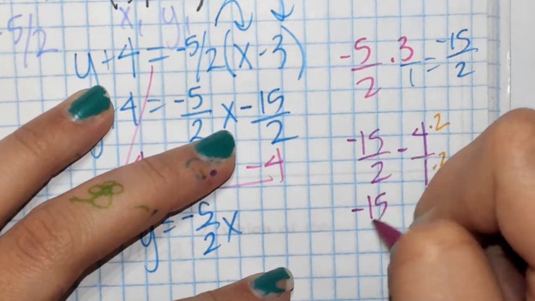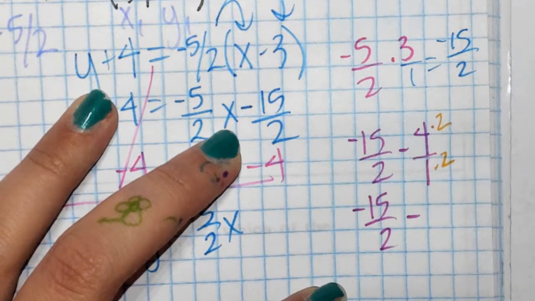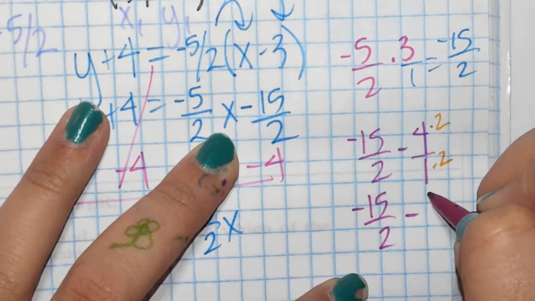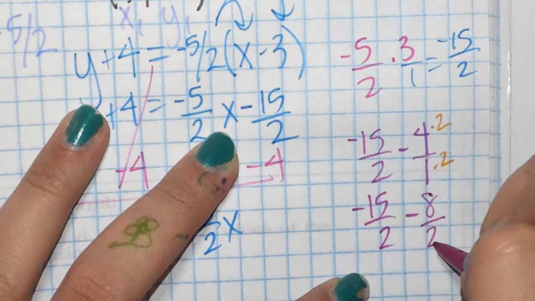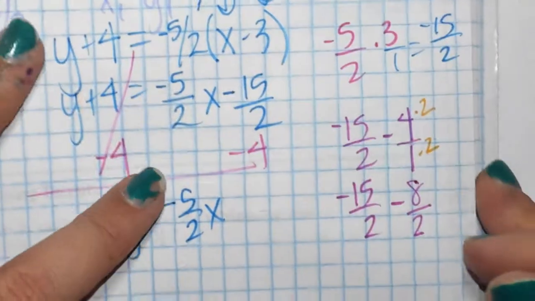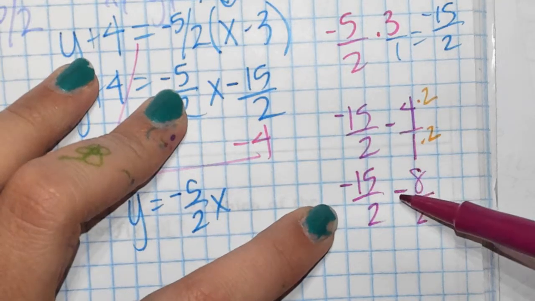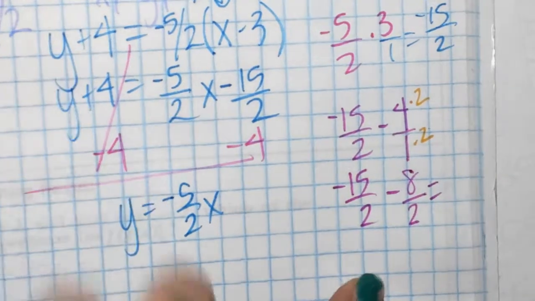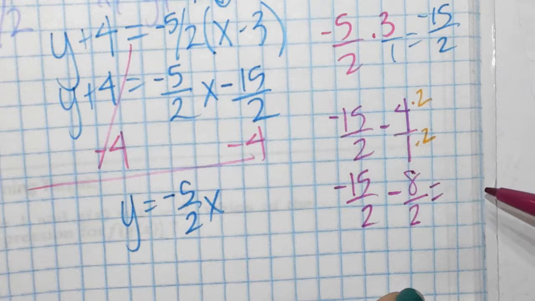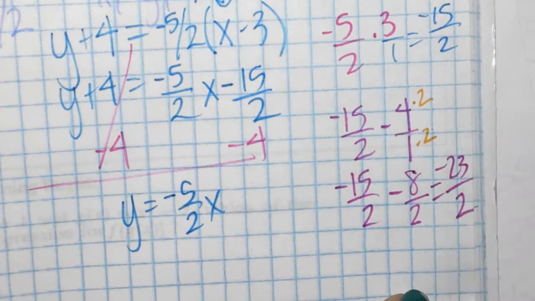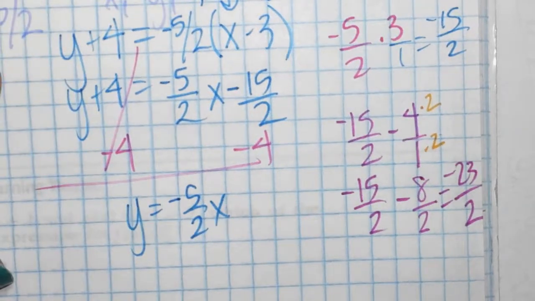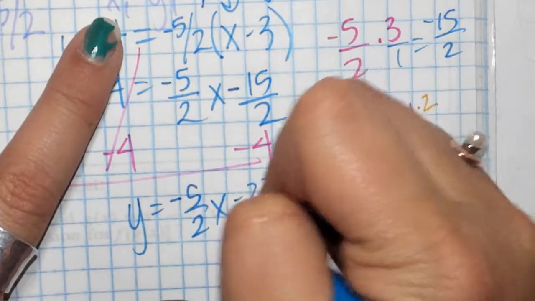So that's negative 15 halves minus, what's 4 times 2? What's 1 times 2? Okay, now let's subtract. What's negative 15 minus 8? Negative 23 divided by 2. So that's our y-intercept, negative 23 divided by 2.